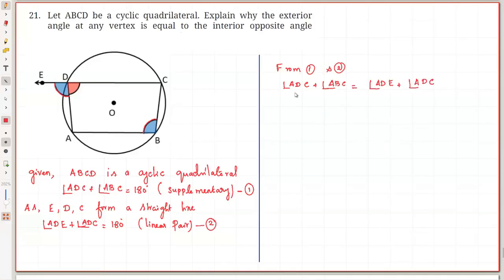Now here ADC, here also ADC. If I bring it to this side, it will get cancelled. Correct? So the balance is ABC equal to ADE.